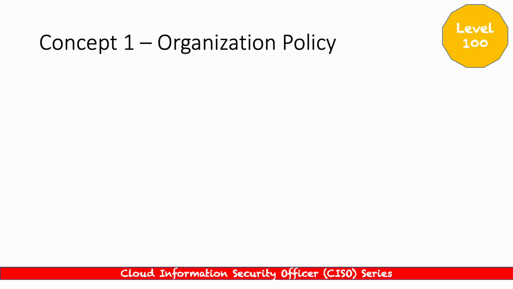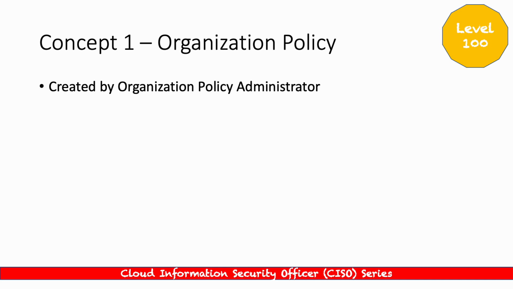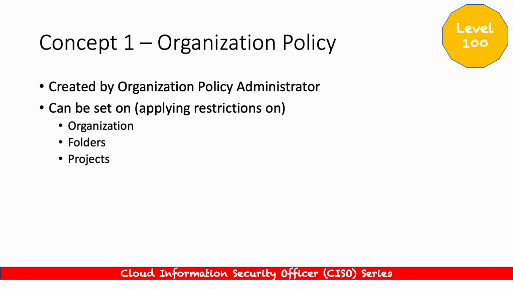For most people that works. Other organizations may want to create their own constraints, or use a blend of the two. Organization policies are created by the organization policy administrator, which is a role within Google Cloud. In terms of applying restrictions, a policy can be set at the organization level, at the folder level, and at the project level.